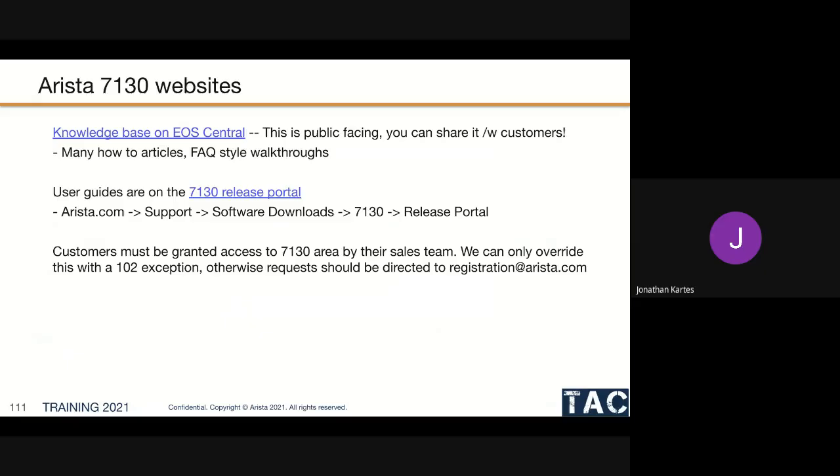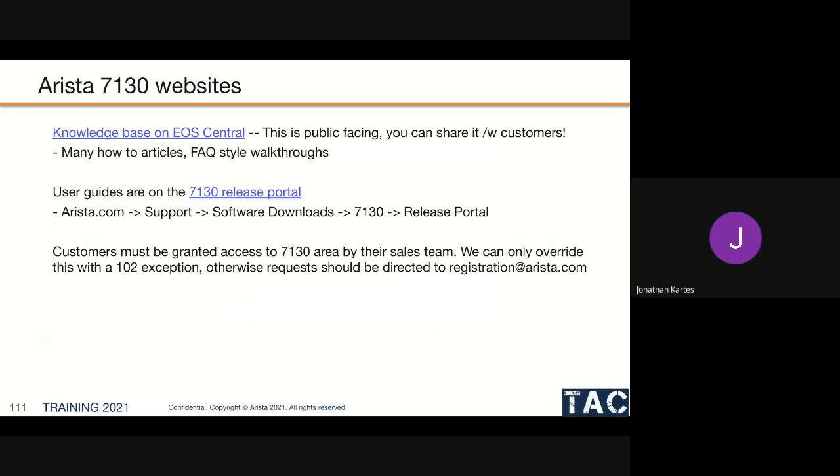All of our user guides are right on the 7130 release portal. I can't give you a link all the way to a user guide, but this is the path you would take: Arista.com, support, software downloads, 7130, the release portal. From there, you'd find your relevant MOS version or application and look at the user guides. Not to be confused with the release notes.